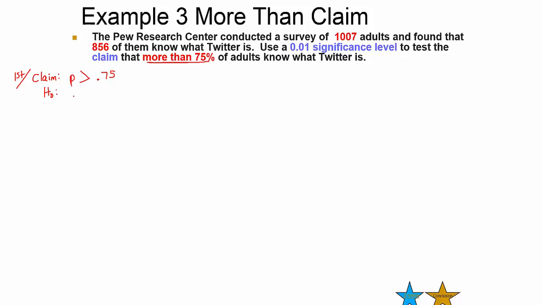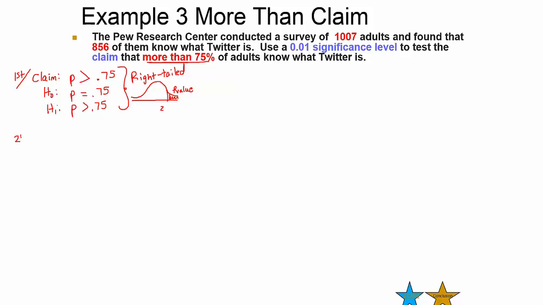My null hypothesis is always equal to the number, and my alternative then is going to match the claim, p is greater than. So at this step, I'm going to take note that this is a right-tailed test because it's greater than. So my picture is going to be having a test statistic that should be positive, and the p-value is area to the right of that.